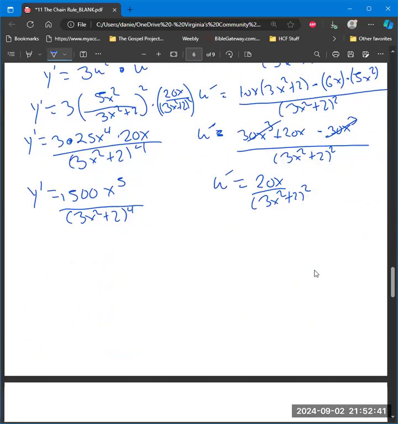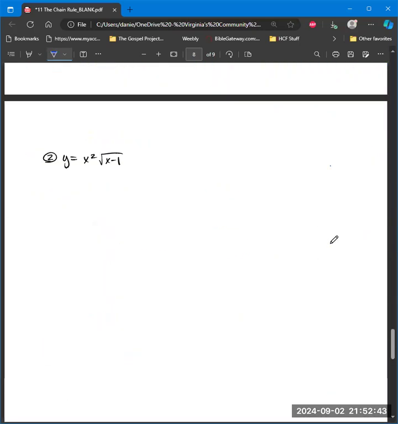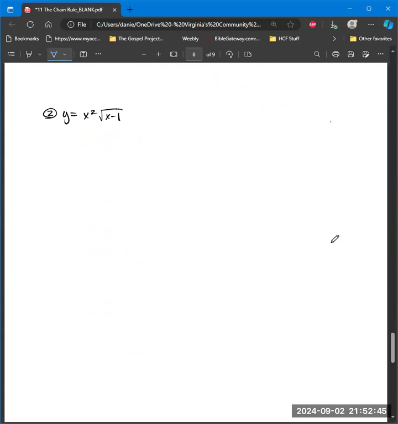All right, let's move on to the next one. We have u is equal to x squared, v is equal to x minus 1 to the 1/2 power, u prime is 2x, v prime is 1/2 x minus 1 to the negative 1/2 times 1 because the derivative of the inside is 1.